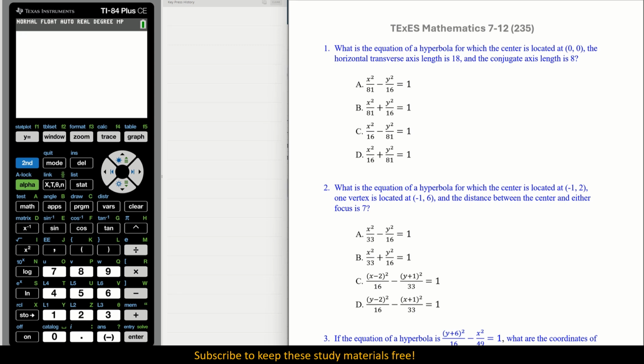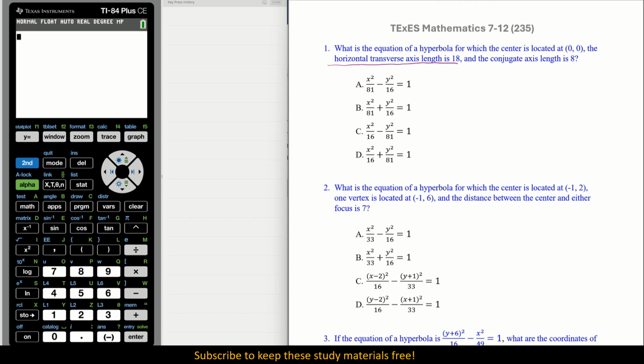Number 1: what is the equation for the hyperbola for which the center is located at (0, 0), the horizontal transverse axis length is 18, and the conjugate axis length is 8? Okay, what does this tell me?